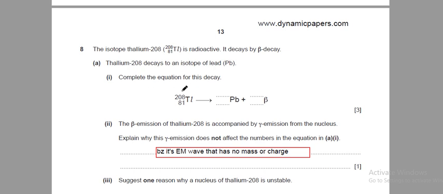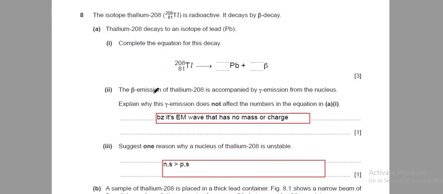Isotope thallium decays by beta. Complete the numbers. Beta has -1 in its atomic number and 0 in its mass number. So lead here should have +1 over this number to have this equation balanced, and the mass number is constant.